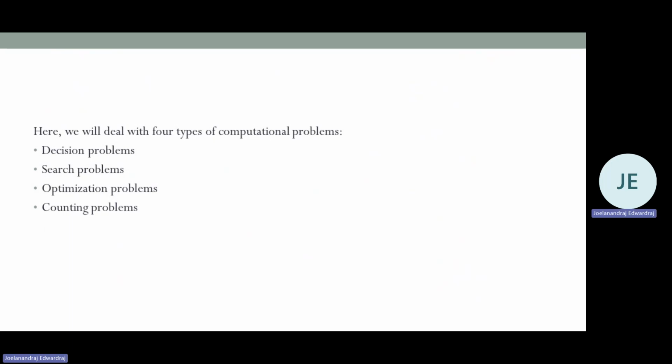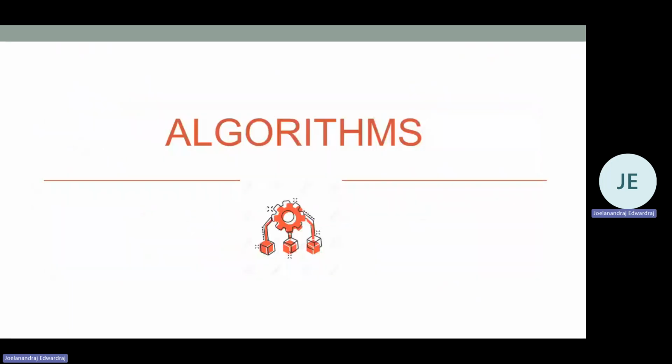Algorithms. So in this lecture we will get an idea about what an algorithm is and what the essential things required for an algorithm are, and you'll see the different representations we can use for an algorithm. Okay.